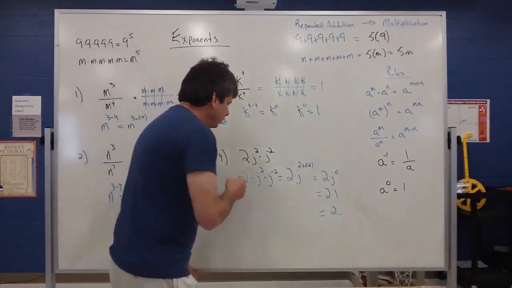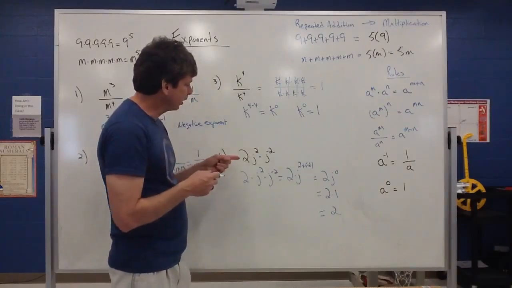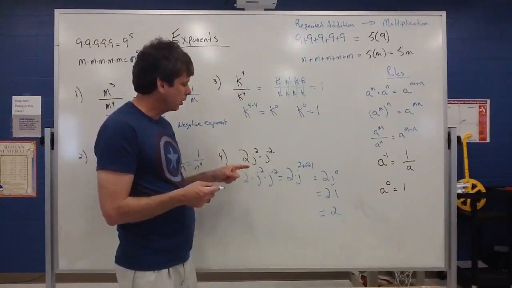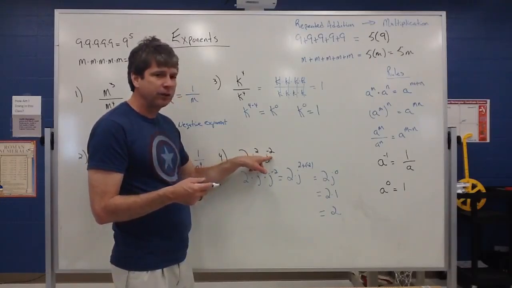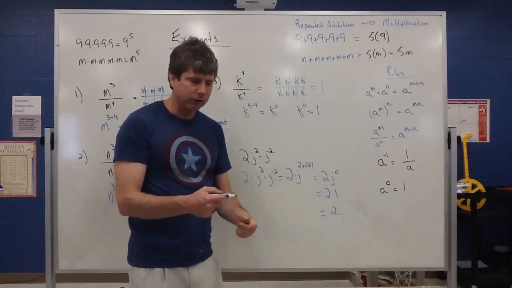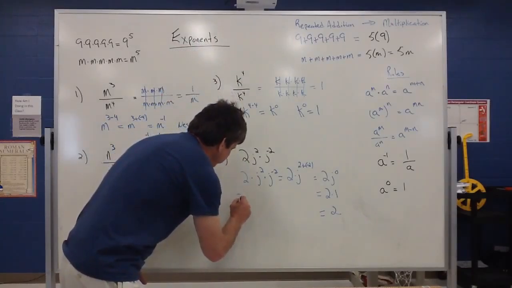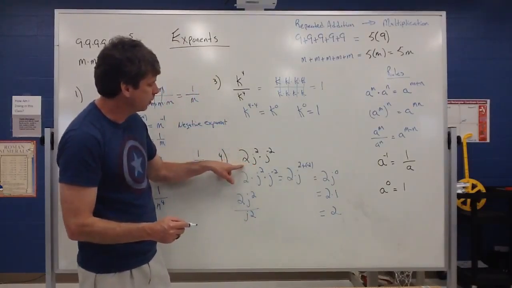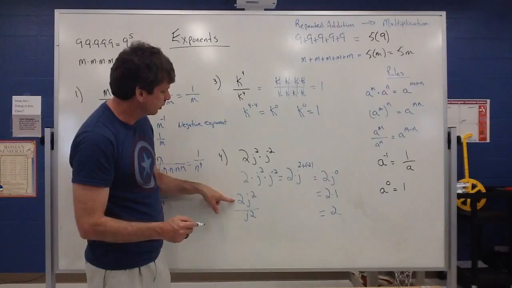Now, another method on this problem is that the 2 and a j would stay in the numerator, but that j to the negative second, since it's got a negative exponent, that negative exponent means to move it down to the denominator. So another way I can write this problem is 2j squared over j squared. Since these aren't raised to negative exponents, these two pieces stay in the numerator.